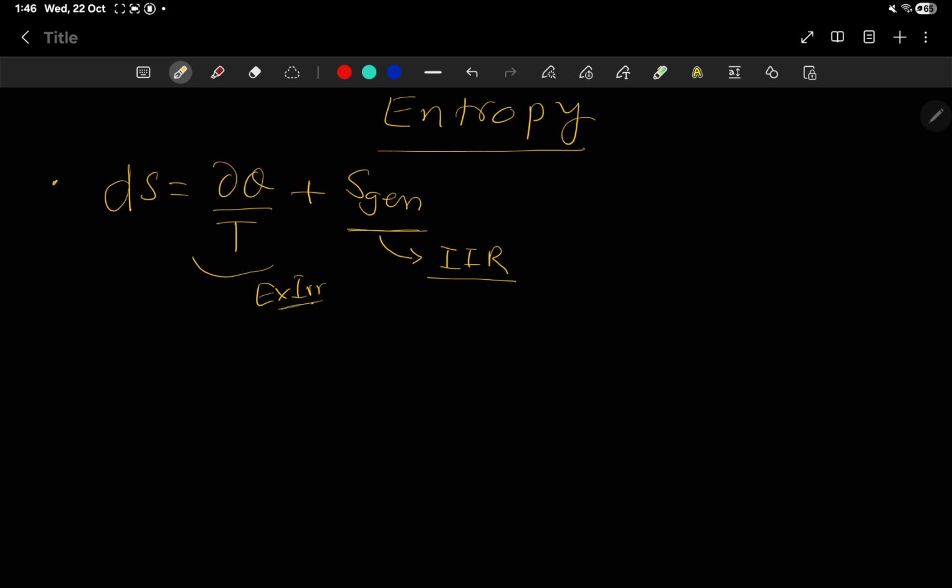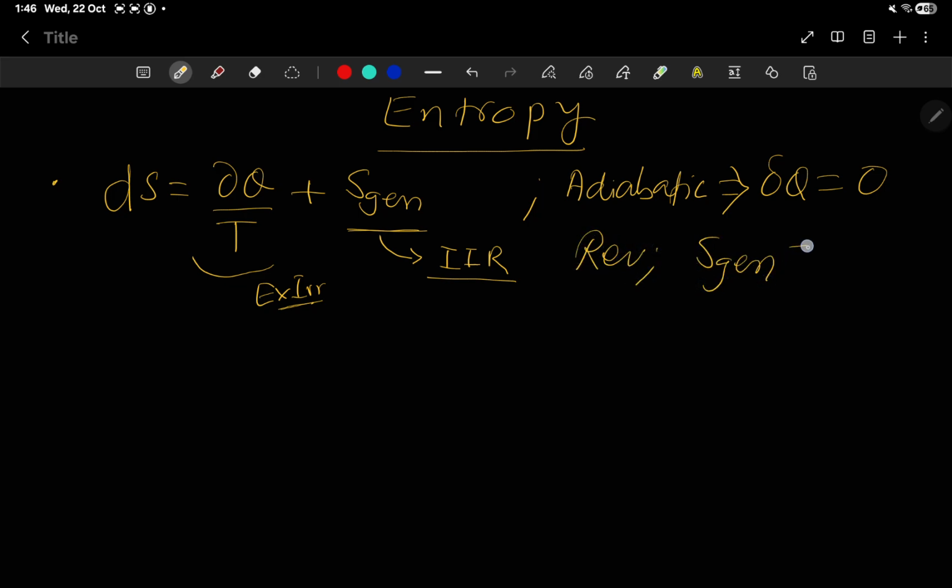Okay, so if the system is adiabatic, then what is going to happen? Delta Q will be 0. And if the system is reversible, then the S generation term will be equal to 0.